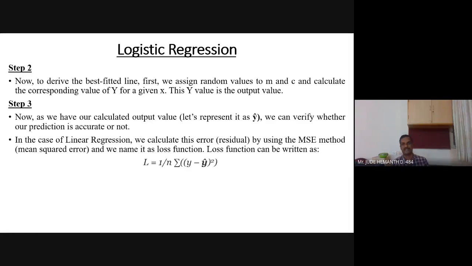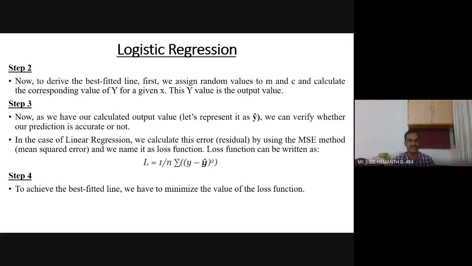Right? A loss function can be written as error function. Error function is loss function. It's written as y minus y cap the whole square. Right? I have also told why we went for the square. You can also have y cap minus y. That is also fine, because anyway, negative or positive, when you get a square, you are going to have only a positive value. So this we already saw.